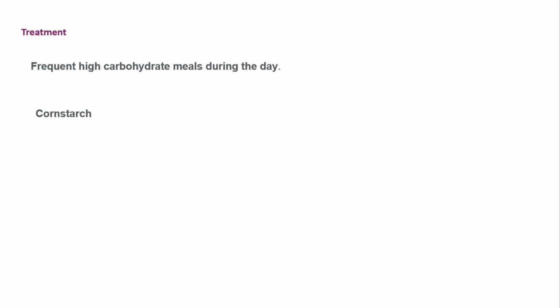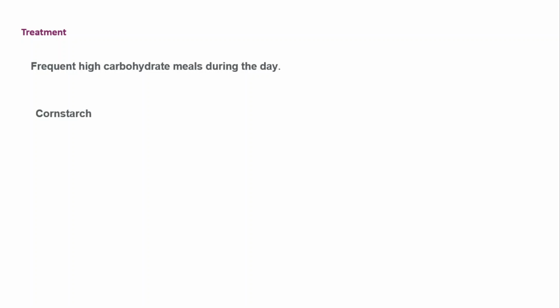Every time, you can't have all your glucose for the cell's energy. So glycogen, which is a storage form of glucose, will be utilized whenever there is a need for energy, right? So if there is a lack of glycogen storage because of a lack of enzymes, what we need to do is give the carbohydrate meals at intervals, in frequent low doses, not in high doses.